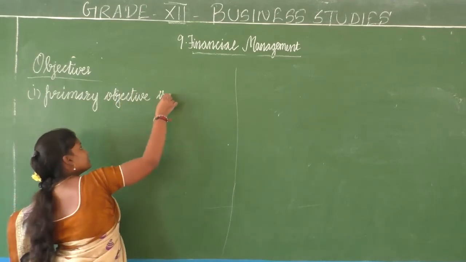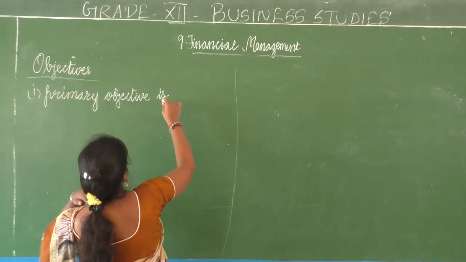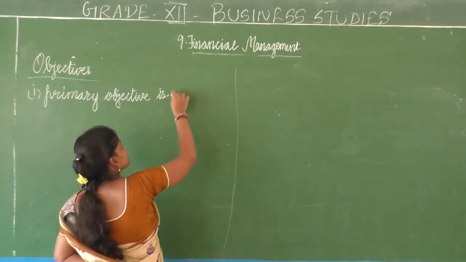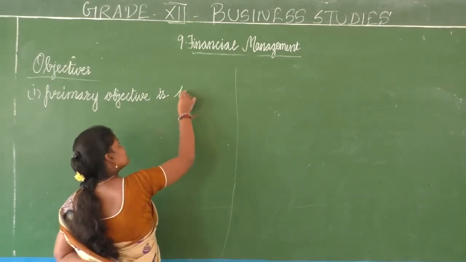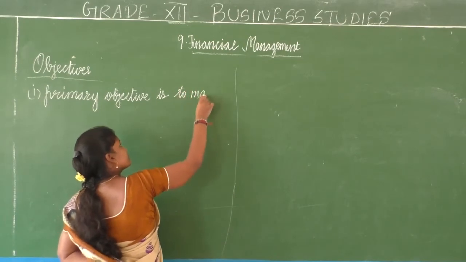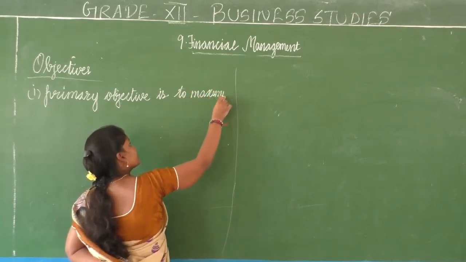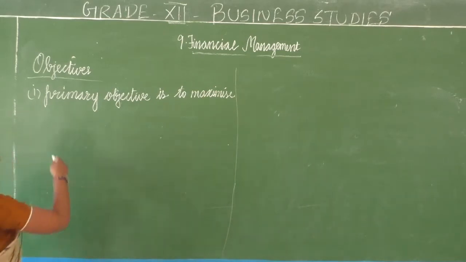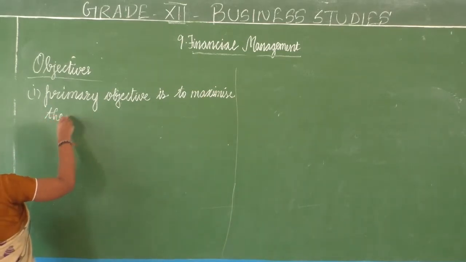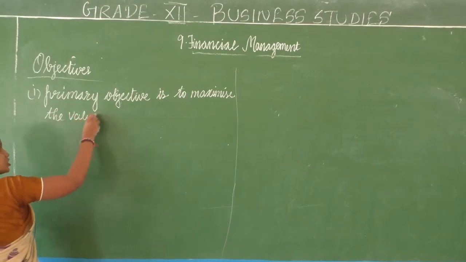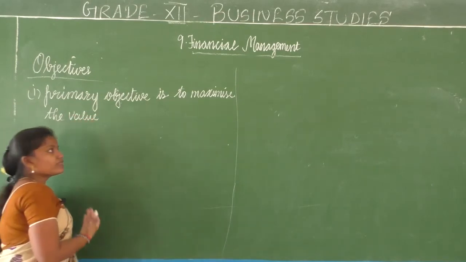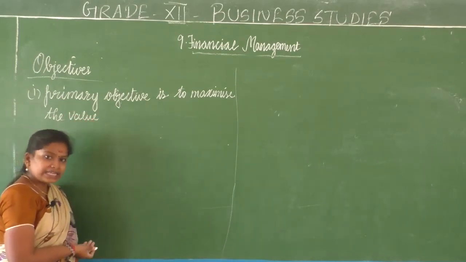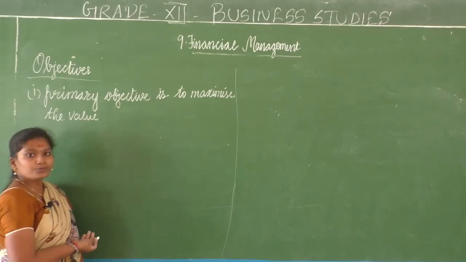Primary objective is to maximize the value of the shares of the company. நம்மள company எது represent பண்ணோம்? இந்த shares தான் represent பண்ணோம். So when the value of shares is increased it means the company is in a good position.